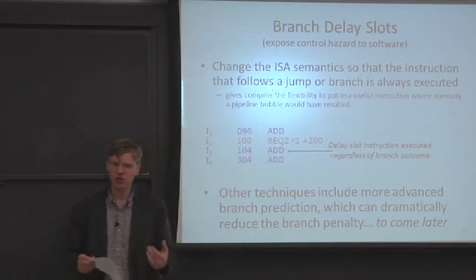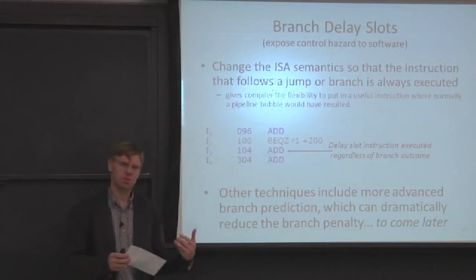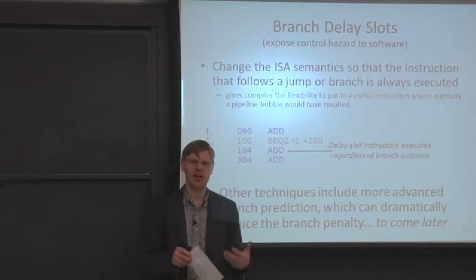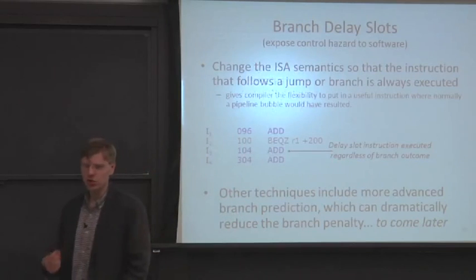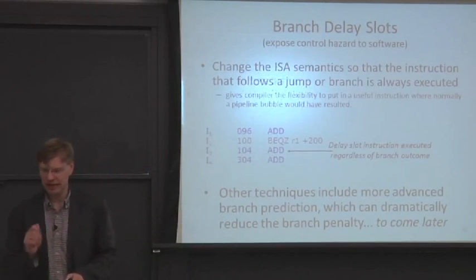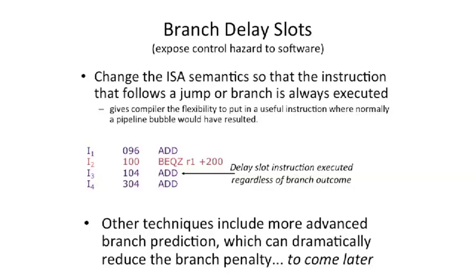But instead, you can expose this problem or challenge, the time it takes to resolve a branch, to the software. So what we're going to do is define a branch delay slot. A branch delay slot is an architectural change, and when I say architectural, I mean big-A architectural, or instruction set architectural, which allows or forces some number of instructions after a branch to always execute.